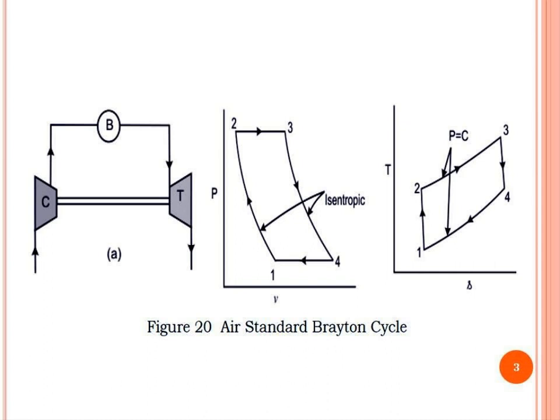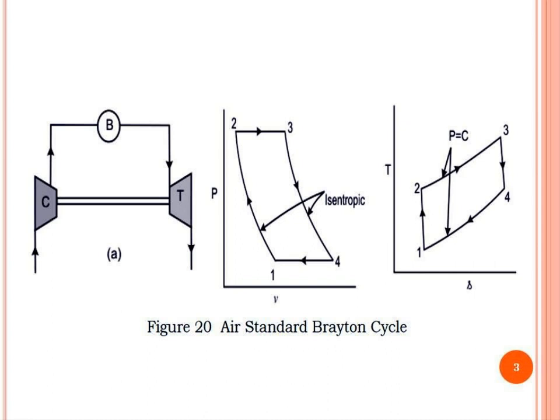It means that to run the compressor, the power is supplied from the turbine. Out of the total power generated by the turbine, two-thirds is consumed to run the compressor. So only one-third of the power is available to run the system and all its auxiliaries and accessories.